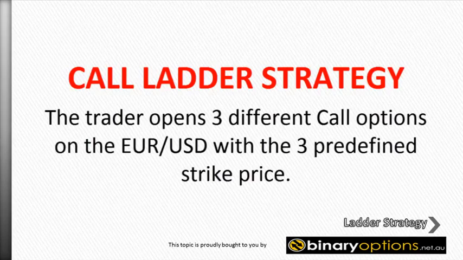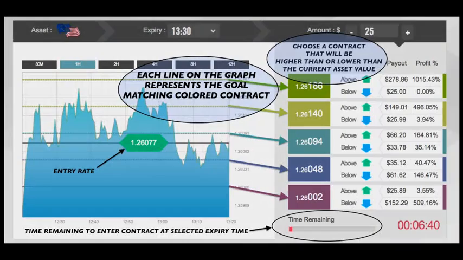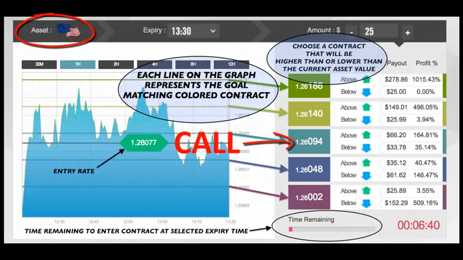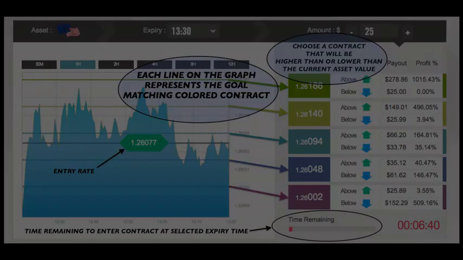Instead of executing one call binary option trade using the Euro-US dollar as the underlying asset with a target level of 1.26094 and potential payout of 164.81% with the short-term expiry, a trader can mitigate their risk exposure in the form of a ladder strategy.